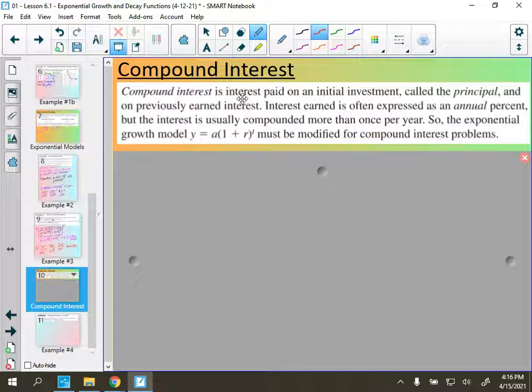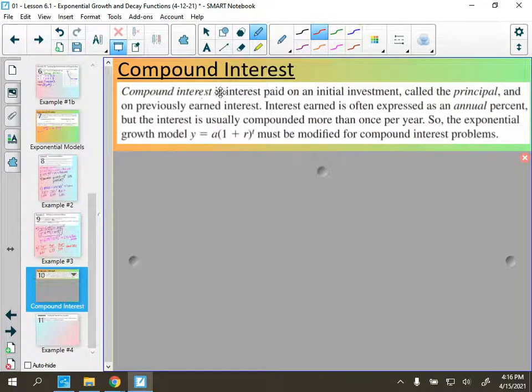Most banks will give you what's called interest. They'll say, we'll give you a 2% or 1% interest rate, and every so often we'll figure out what your interest is and put it back into your account.